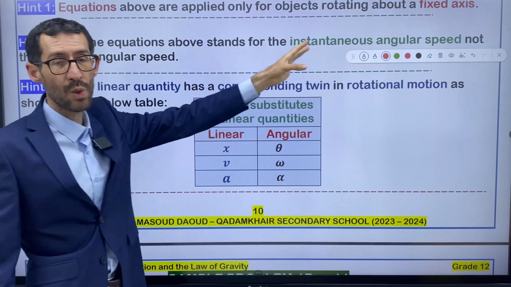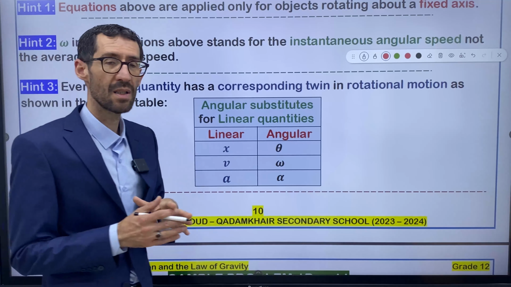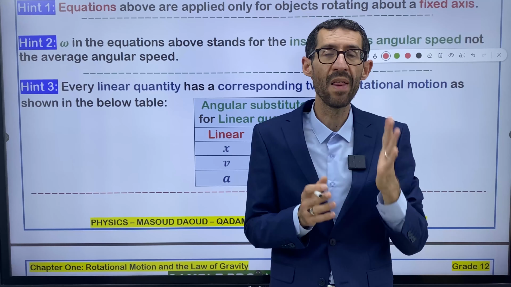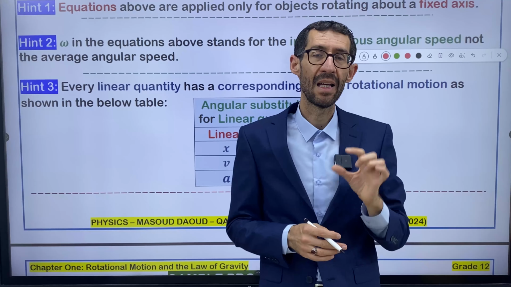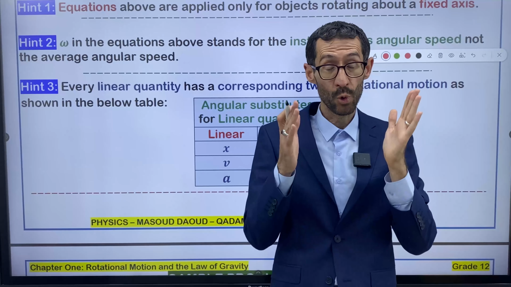a fixed axis. So these equations, the rotational kinematic equations with constant angular acceleration, with constant alpha, are what I'm talking about.